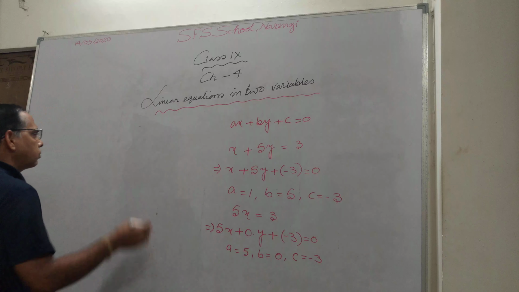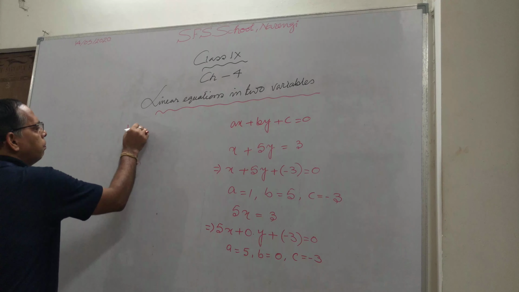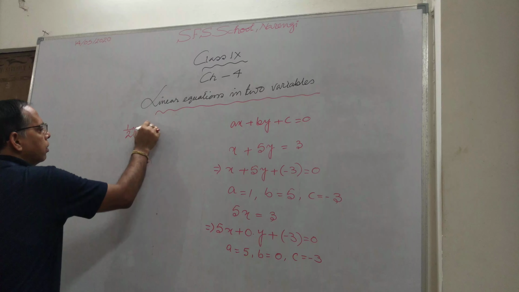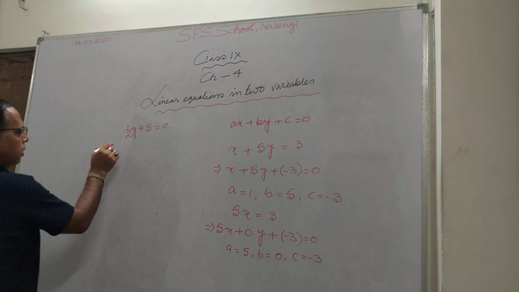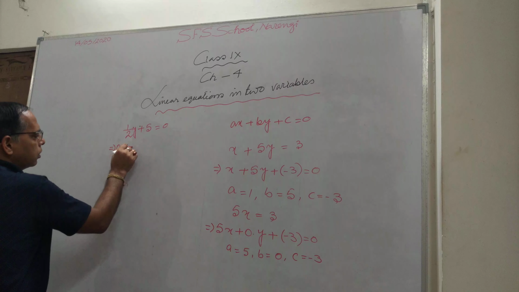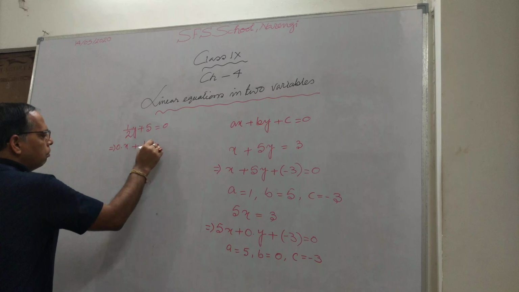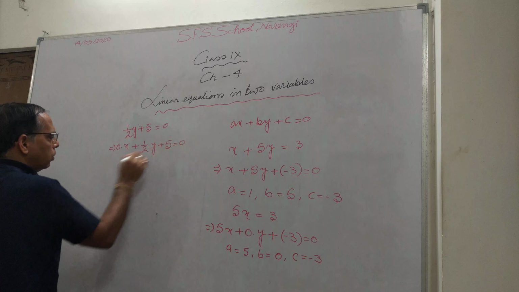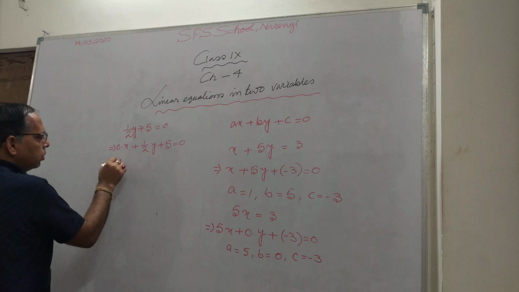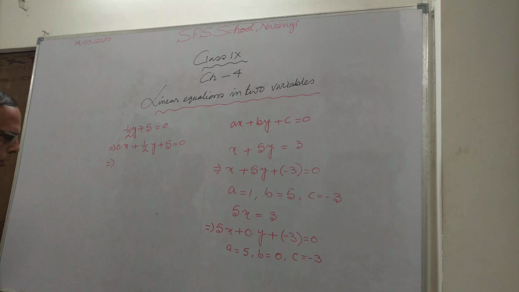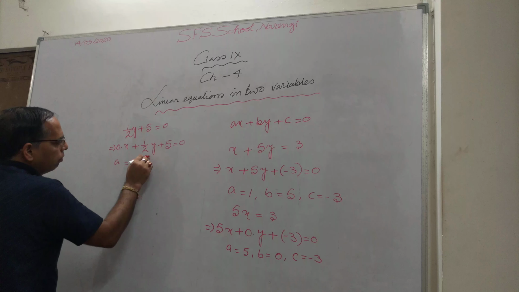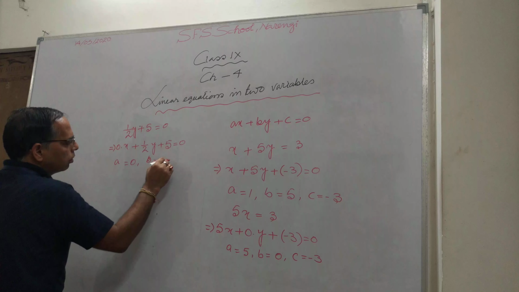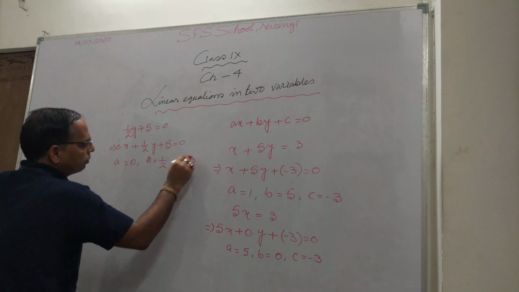Now suppose half y plus 5 equal to 0. Represent this in a linear equation in two variables. How do you represent? See, 0 into x plus half into y plus 5 equal to 0. Then you write down the values. The value of a is 0, value of b is half, and value of c is 5.